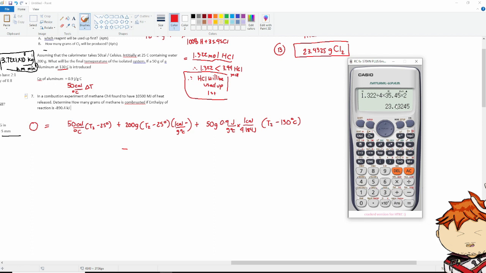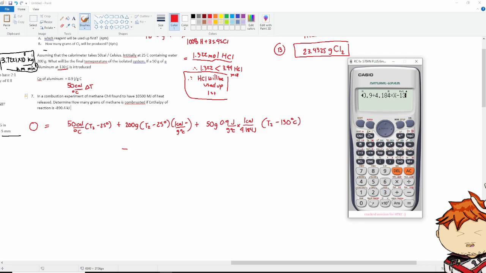Okay, we're going to solve that. 0 equals 50 times (x minus 25) plus 200 times (x minus 25) times 1, plus 50 times 0.9 divided by 4.184 times (x minus 130).